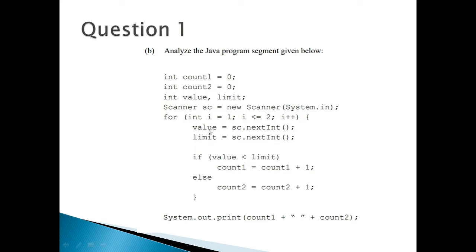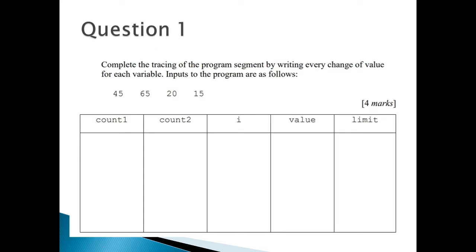There are two values you need to enter, value and limit. Below that there is a selection to check which one is greater. If value is less than limit, then accumulate count 1, else accumulate count 2, and then it closes the loop. Then there is the system print. Never mind, you need to look at the table here.